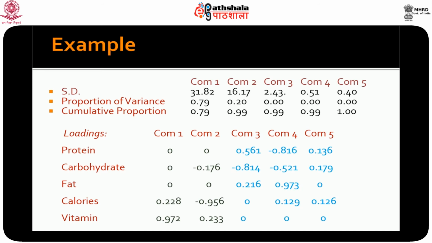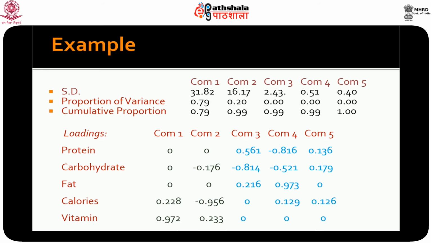So, the problem is, should we be looking at all these 5 different factors like proteins, carbohydrates, fats, calories or vitamins to explain any one of the cereals, or can we reduce it to a lesser number of variables?